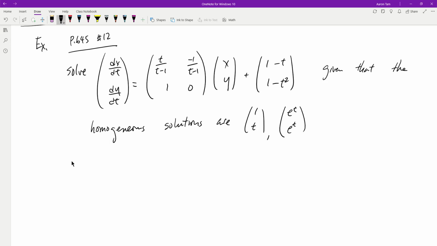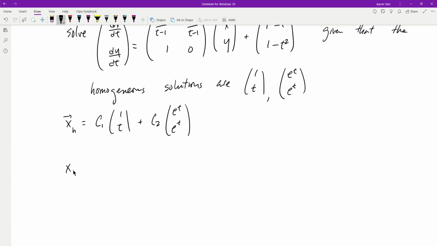First of all, I already know the homogeneous solution. Homogeneous will be C1 times [1, t] plus C2 times e to the t. So that's our homogeneous solution. Now let's try to find our particular solution.